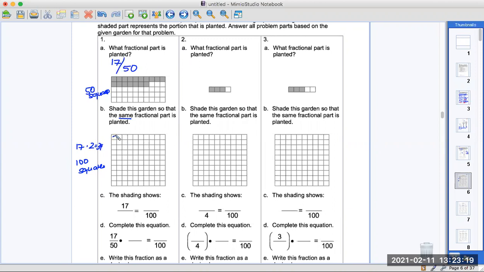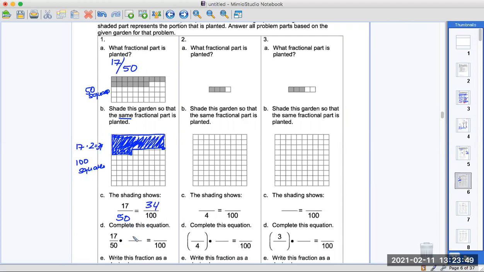Now I have to shade 34. So I'm going to do 30, which is this, and 4. 1, 2, 3, 4. So this is all shaded. This is all planted. So I have 34 out of 100. So 17 out of 50 is the same as 34 out of 100.